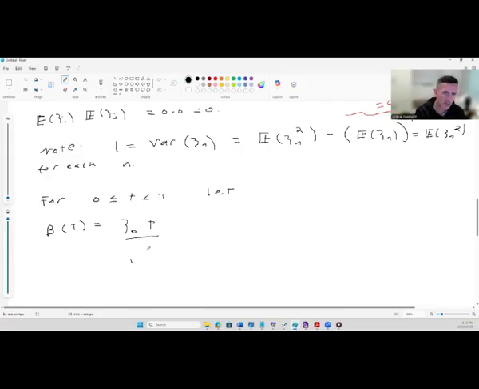Or rather, what I want to prove, I'll prove something about this. Right, so let's say we have the following. I wrote this down before.